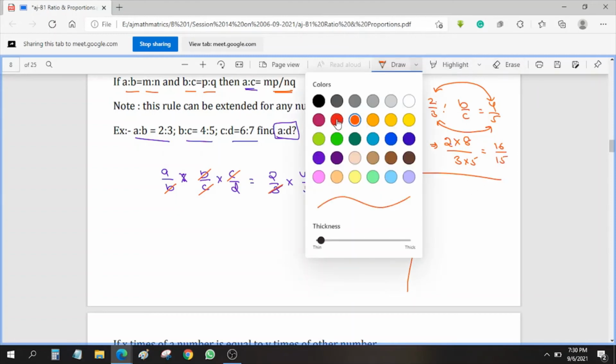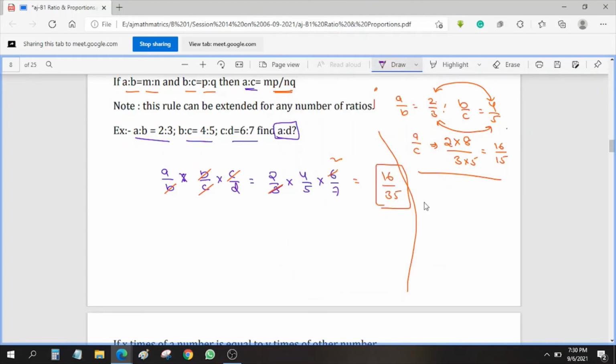Now I'll go with the other one, because here we also have a by d we are going to find. So a by c equals 8 by 15 and c by d equals 6 by 7. So this is m, this is p, this is n, this is q. Now a by d I am going to find out: 8 into 6 by 15 into 7.